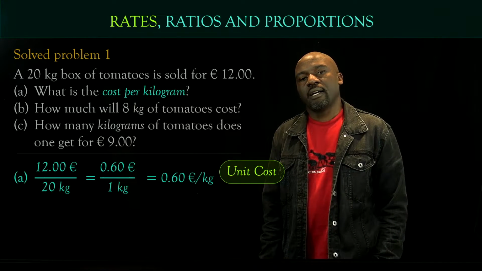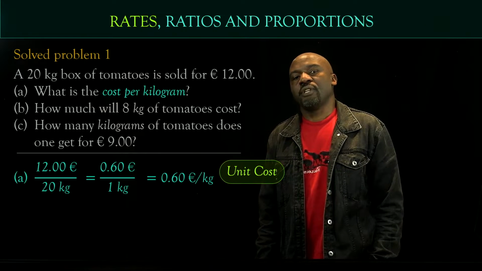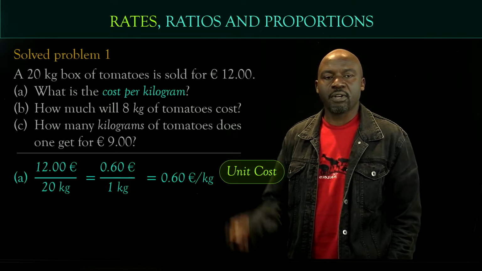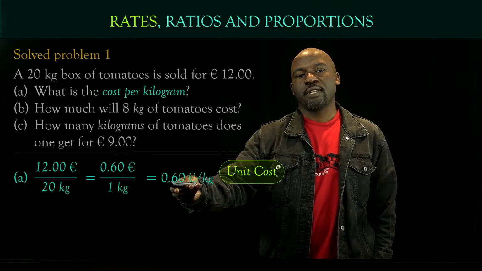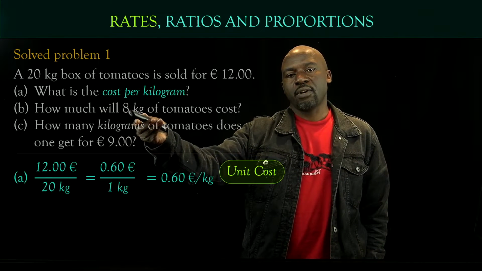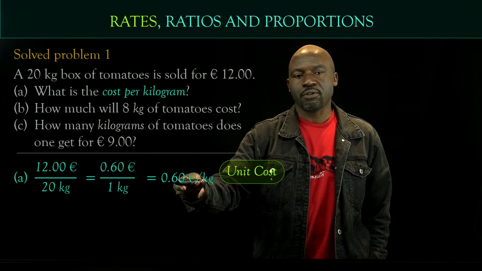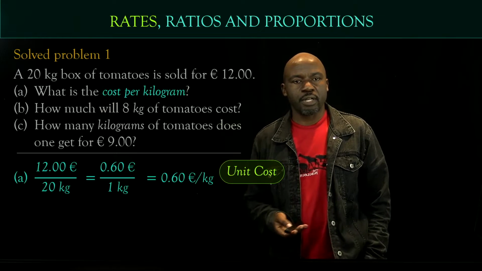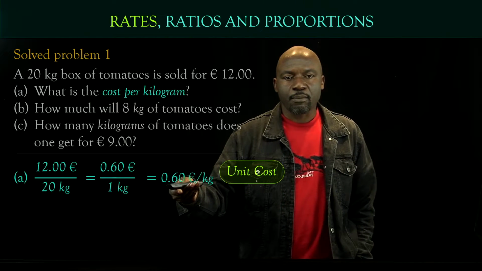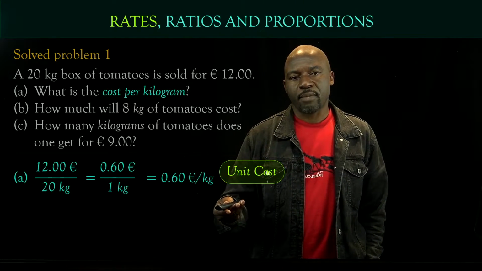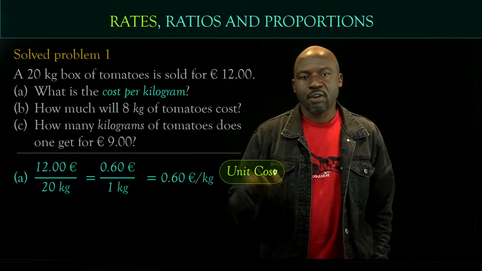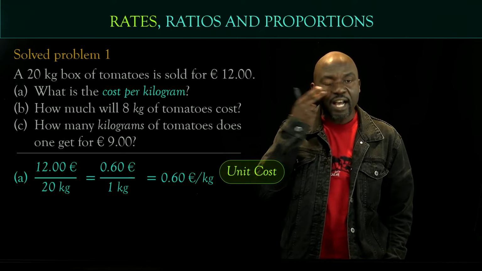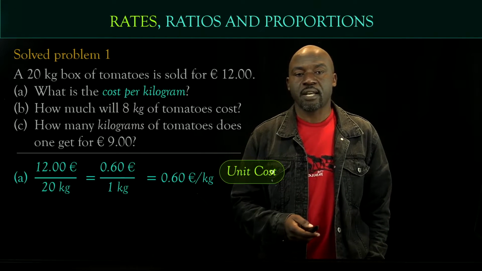If we know the unit cost or the unit rate, then it is possible to find any other number of kilograms. In other words, 1 kilogram will cost us this much. So how much does 8 kilograms cost us? It's important we know the cost of 1, so then we can find the cost of 2 kilograms, the cost of 3 kilograms. If 1 kilogram costs this much, then 2 kilograms must be 0.6 times 2, 5 kilograms must be 0.6 times 5, and so on. 100 kilograms must be 0.6 times 100.